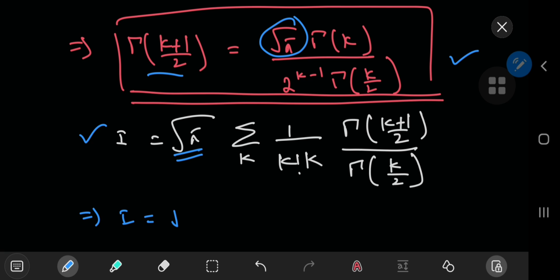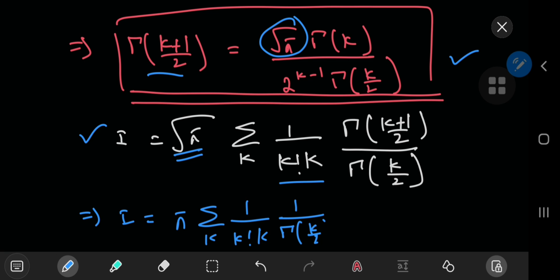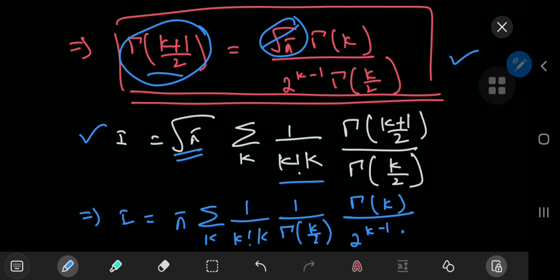So these two multiply to give you pi, multiplied by the infinite sum over k. Now you had this term of 1 by k factorial times k. You also had a 1 by gamma k by 2. And you had this term. So substituting the expression that we've just derived for it, I've already dealt with the square root of pi. Cancel that out. We have gamma k divided by 2 to the k minus 1 times gamma k by 2.